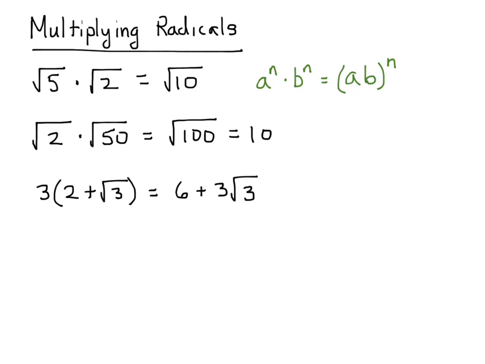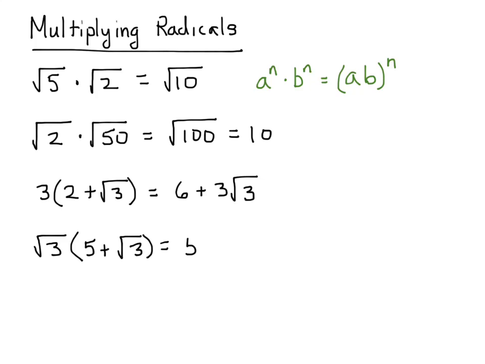Now, multiplying follows all the rules that we've had before. This is the distributive property of multiplication over addition. And so when you have a number that's multiplied by the whole expression, we just multiply 3 times 2 and then 3 times the square root of 3, and we get 6 plus 3 times the square root of 3.